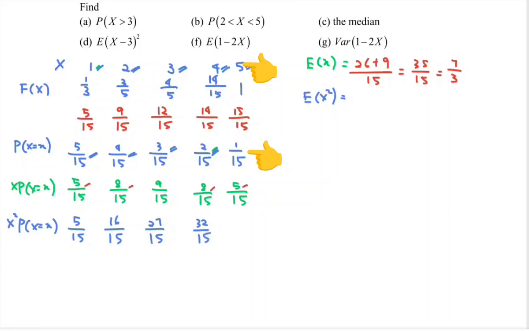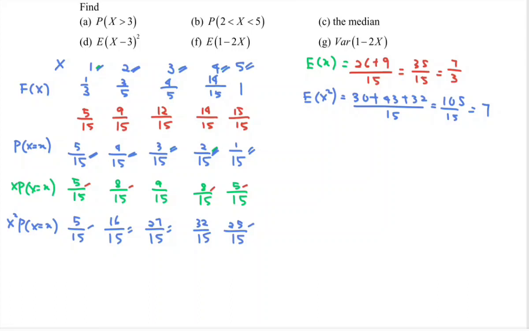Then 25 multiplied with this one, we will have 25 over 15. So sum up the situation. Then here we have 30 plus 27 plus 16, then we have 43 plus 32 over 15. If we sum up, we will have 105 over 15, then we will have 7 for E of x squared.